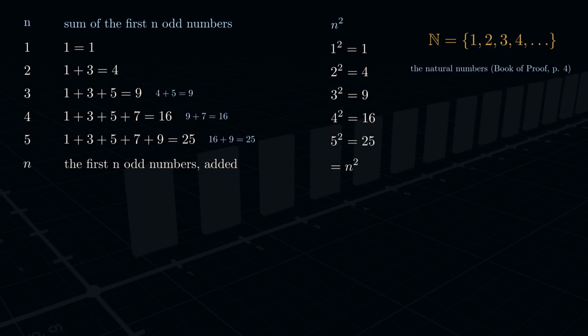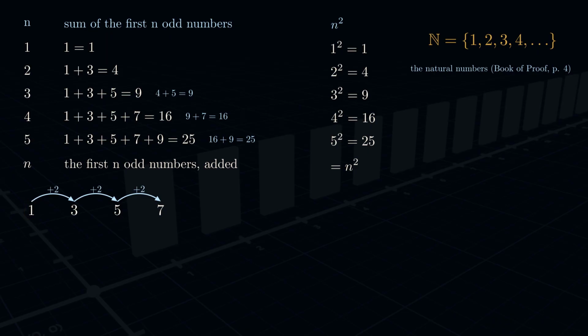So we need a way to write the first n odd numbers without dots trailing off the page. Watch. The first odd number is 1. The second is 3. The third is 5. Each is 2 more than the one before, and the list starts at 1.